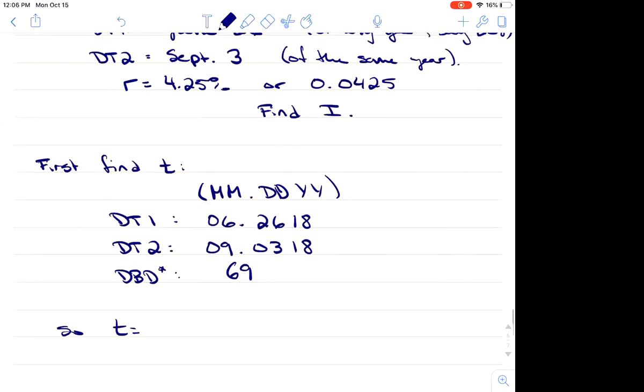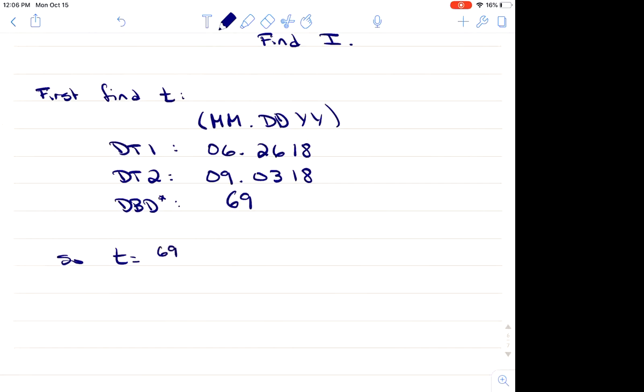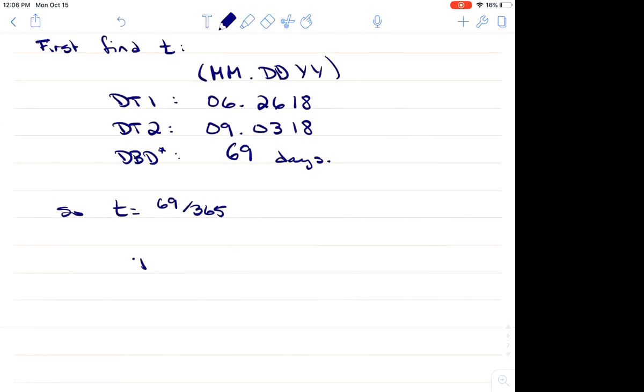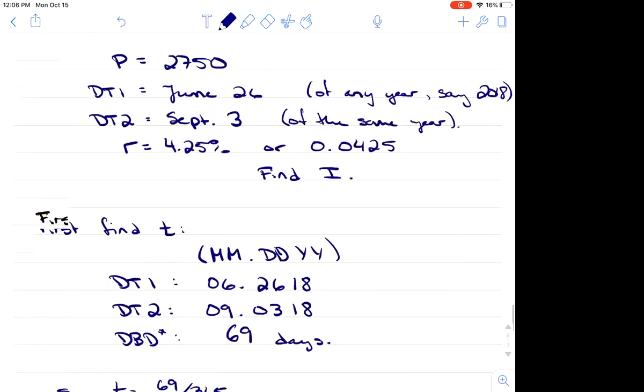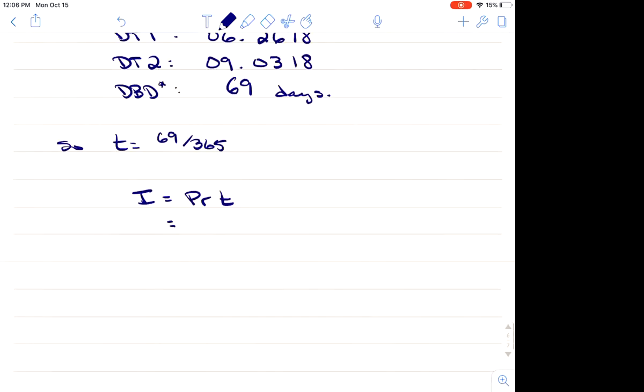So T must be 69 divided by 365, which we can just use in our calculations, right? 69 days, I'll say. So then I equals PRT. I have everything that I need to solve for I, right? So I can say, okay, the P that she invested was $2750.